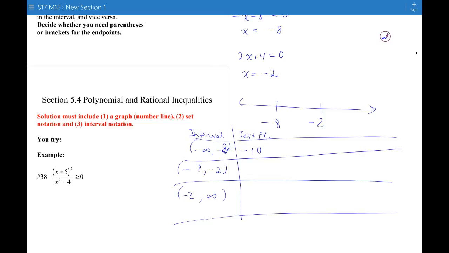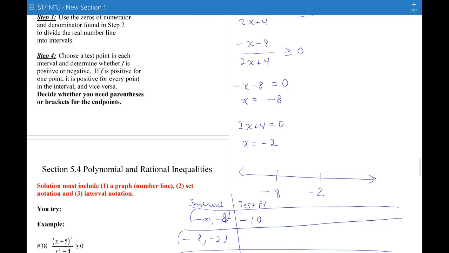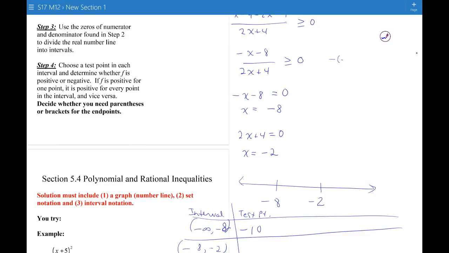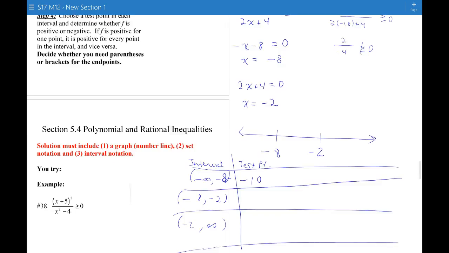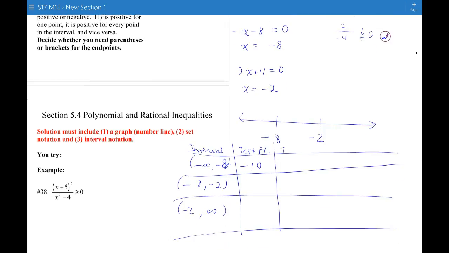And I'm going to go back to my inequality and say, let's see, if I put in negative 10 minus 8 over 2 times negative 10 plus 4, is that positive? So I get 2 on the top and negative 4 on the bottom, so that's not true. So this is false, and we don't want this piece.